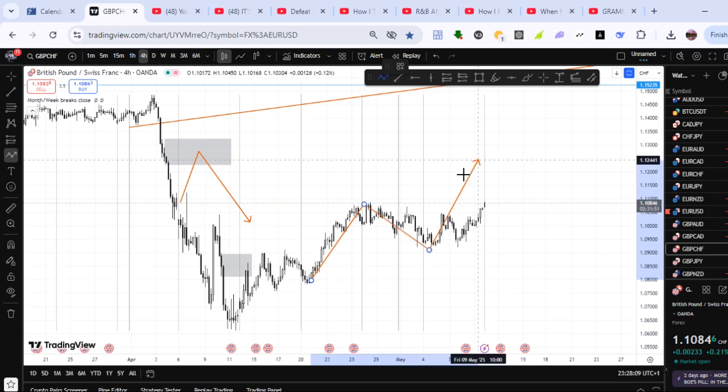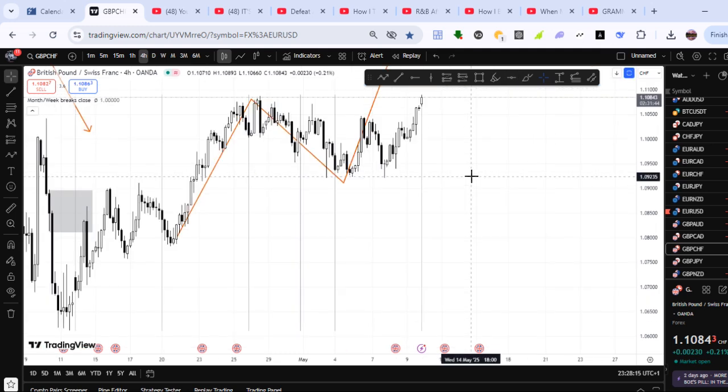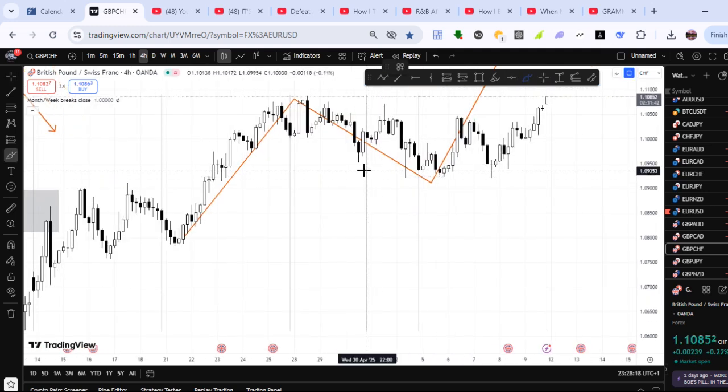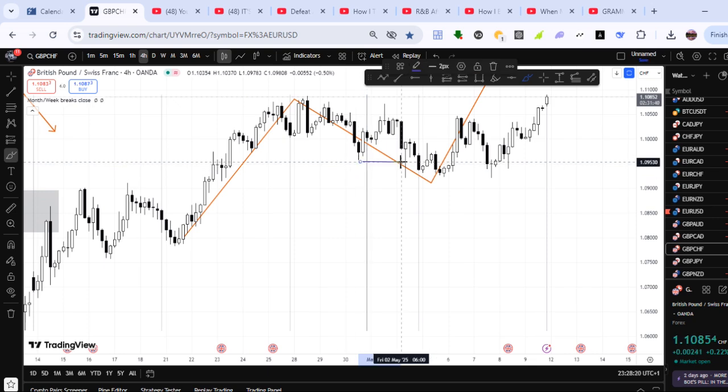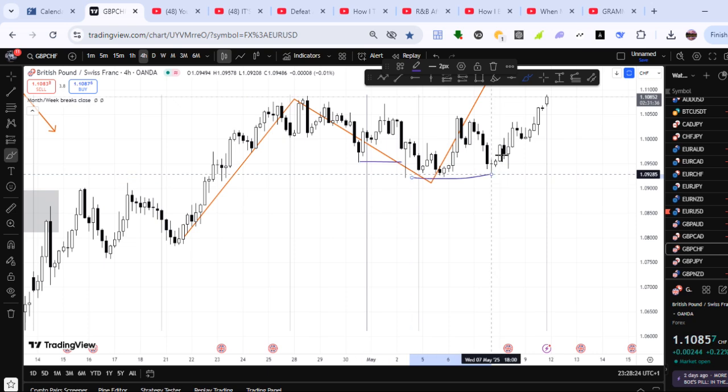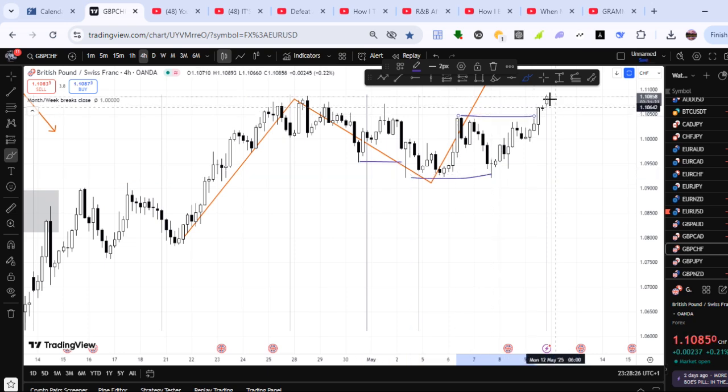So I'm expecting a higher point, and the internal movement here is quite interesting. We have this breakout structure here, then we have this area of liquidity, and then we have this break. So a pullback to this demand should hold very excellently well.